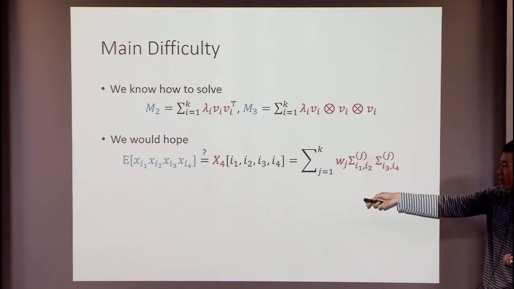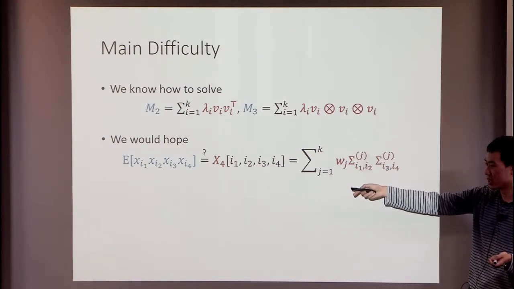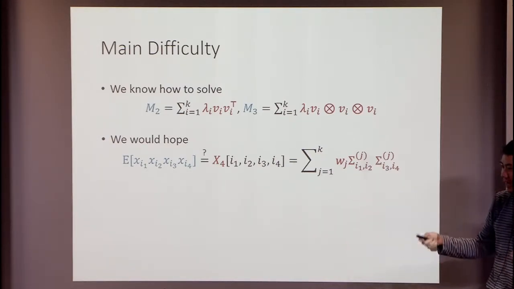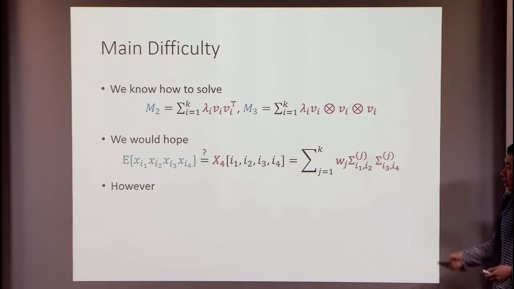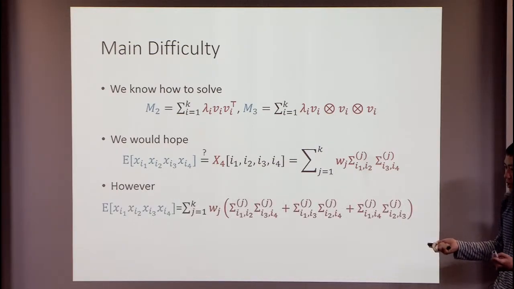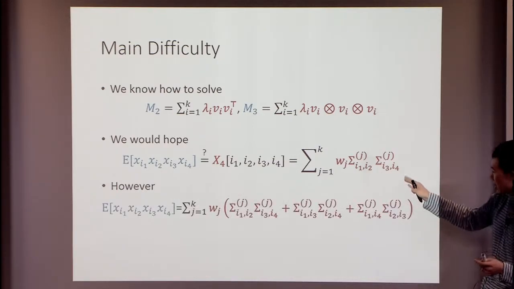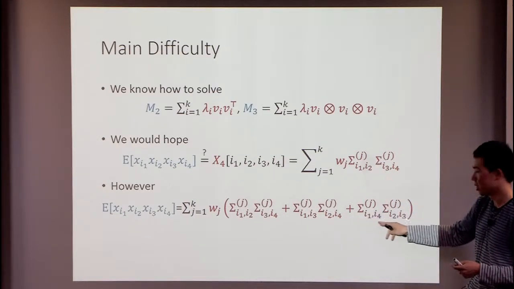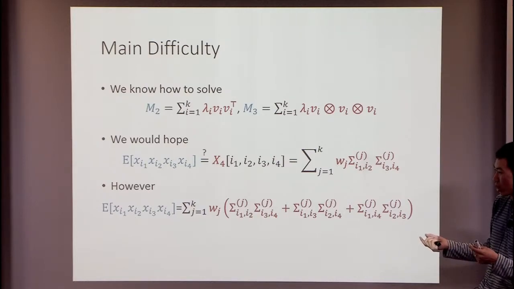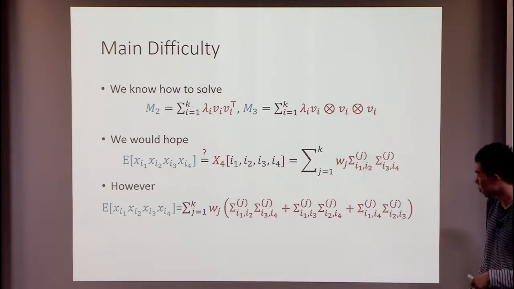In fact, we can of course compute the expectation of this fourth order moment for Gaussians. This is known as Isserlis's theorem. By Isserlis's theorem, we can compute it, and it looks like this. It's really a symmetrized version of this. I have all the different choices for breaking these four indices into two sets.